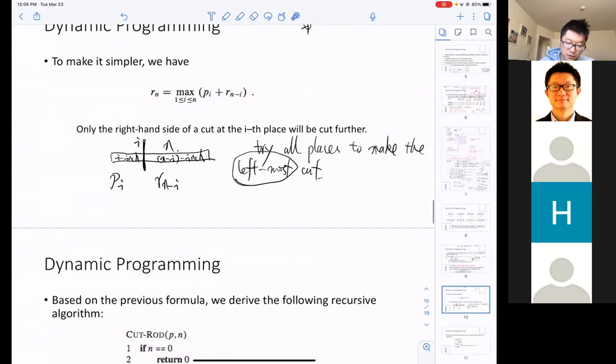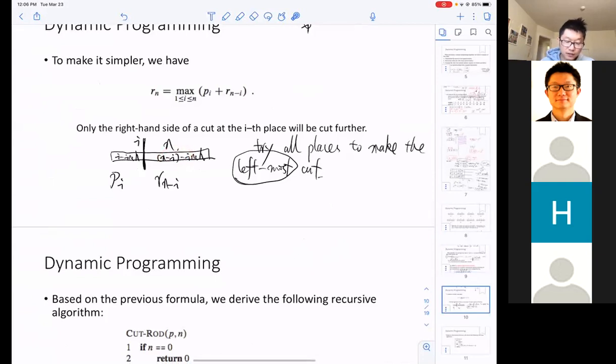Because here we have a rod of n-i inches, and we're allowed to cut it as many times as we want, the maximum revenue that we can make from it is just R(n-i). Correct? Yeah. Okay. So then the total money that you can make from making a leftmost cut at the ith place is basically Pi plus R(n-i). Correct?